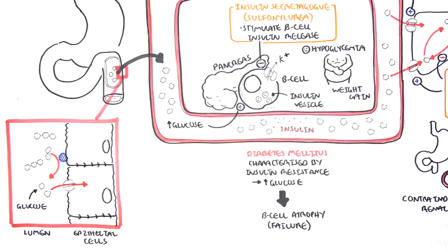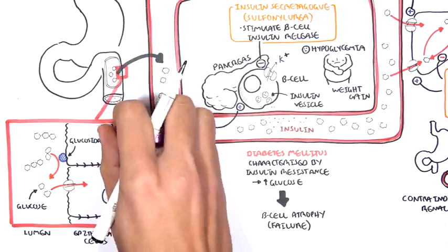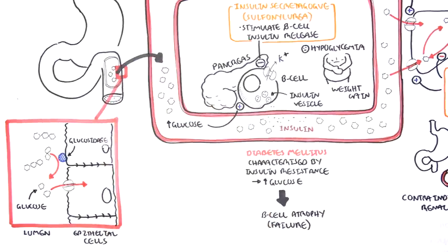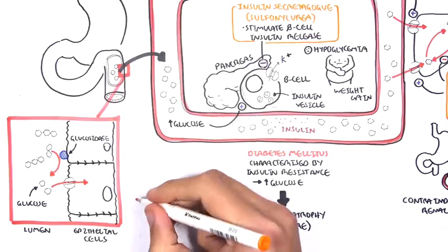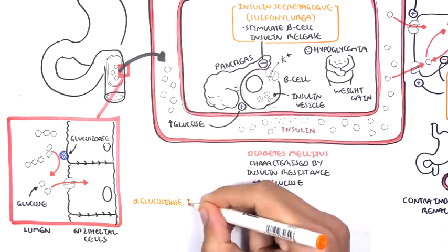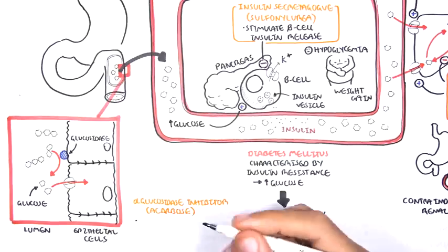The enzyme responsible for the final breakdown of carbohydrates, especially disaccharides in the small intestines, are these enzymes, brush border enzymes called glucosidase. And these are present on the apical surface of the small intestinal cells. And so there is a drug called alpha glucosidase inhibitors, such as acarbose.